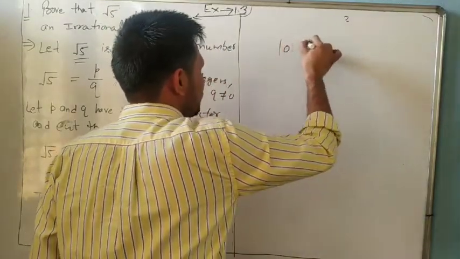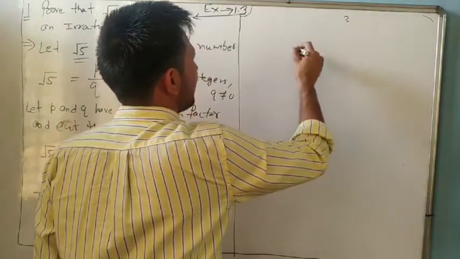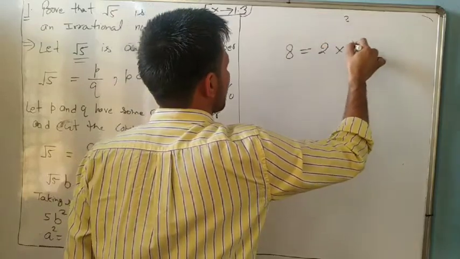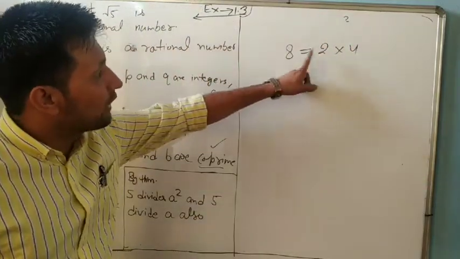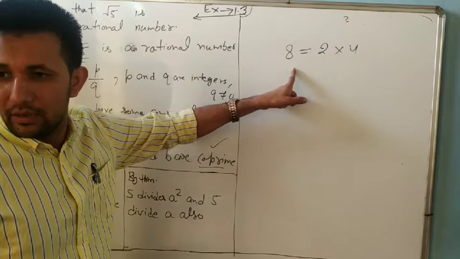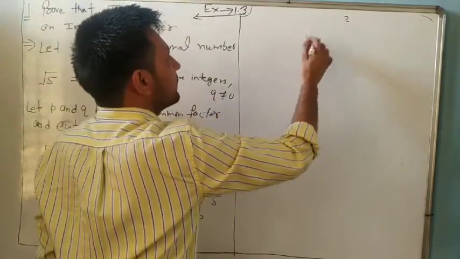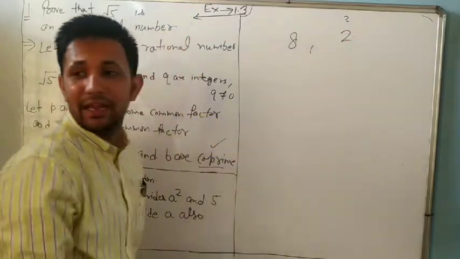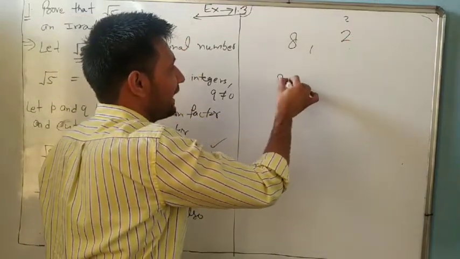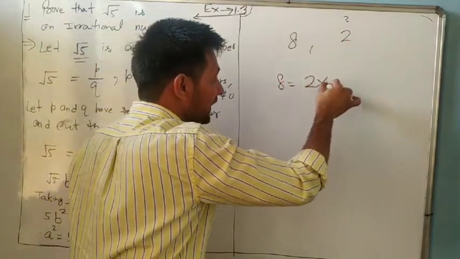If I am saying to you, suppose it is 8 equals 2 into 4. I am saying it means 2 divides 8 or not. If 2 is dividing 8, can you write 8 equals 2 into q?